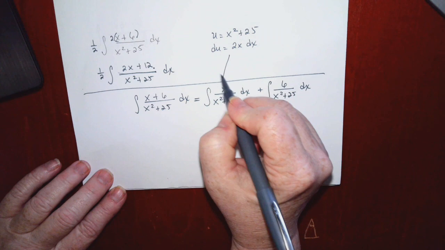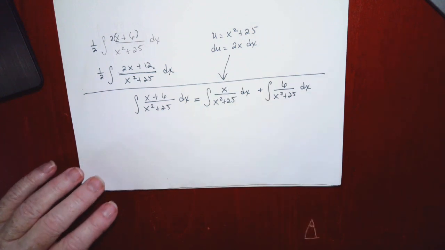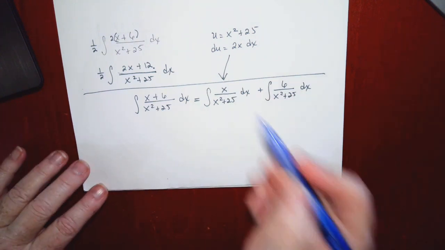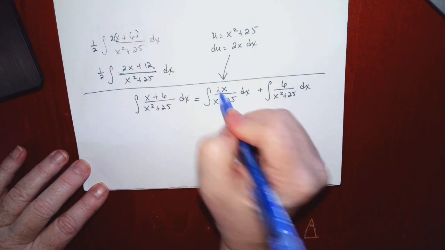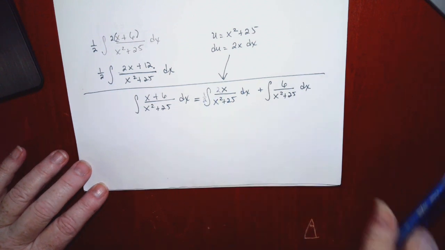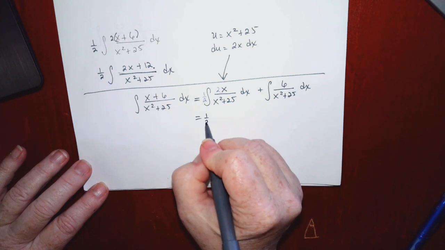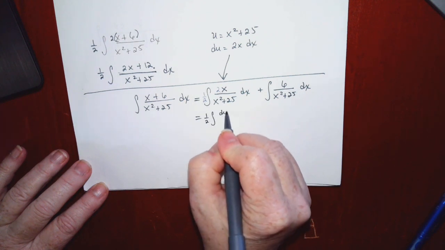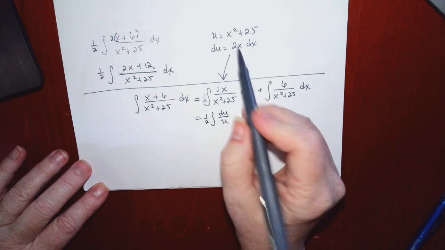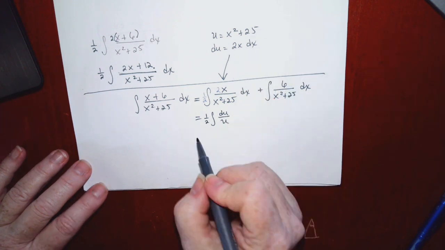Here, I would go ahead and use that u substitution that I was trying to use on the whole problem. So I'm going to multiply this by 2 and reverse it with a 1/2. And so this part of my integral will be 1/2 the integral of du over u, where u is x squared plus 25.